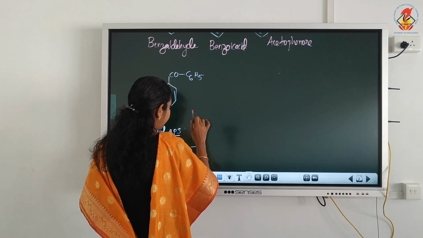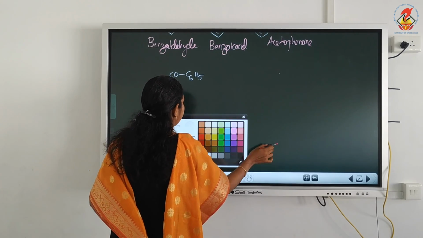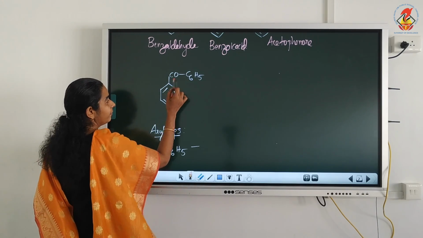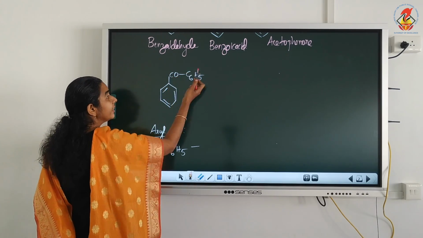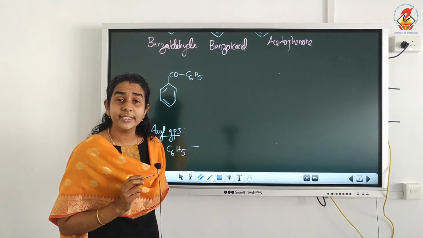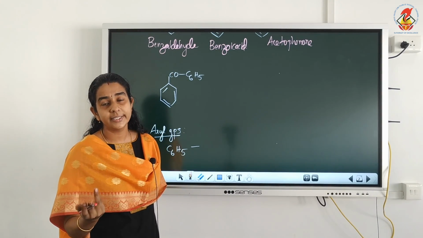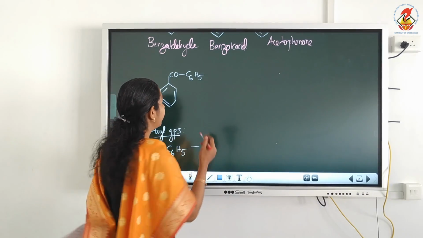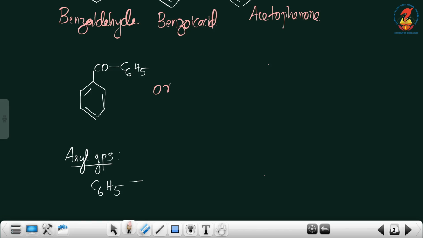Now the next is again one keto group, and on one side it is a benzene ring, the other side is also written as C6H5, and we know that C6H5 is again a benzene ring. Or this can also be written as CO with a benzene ring on either side.